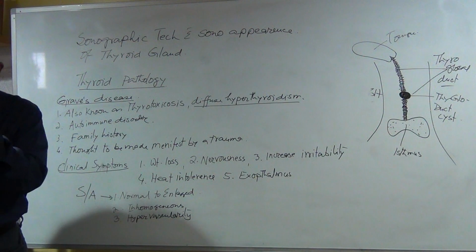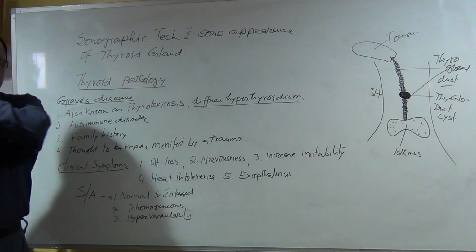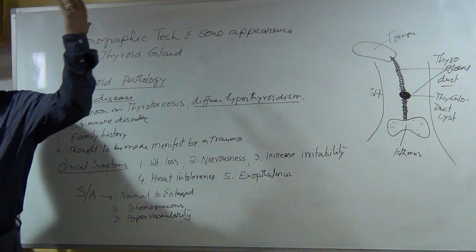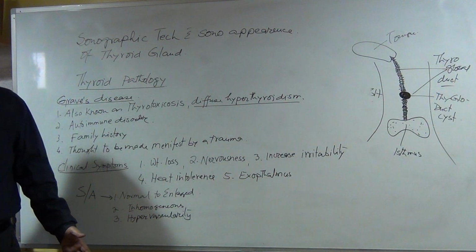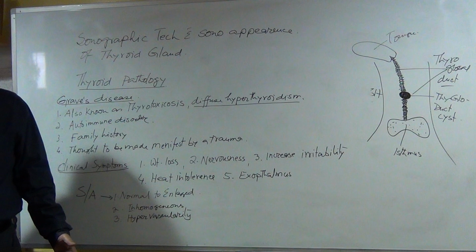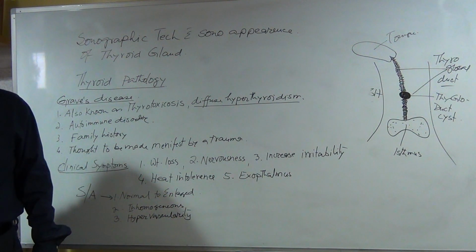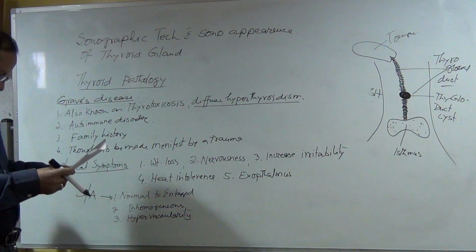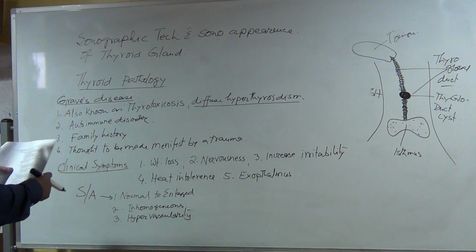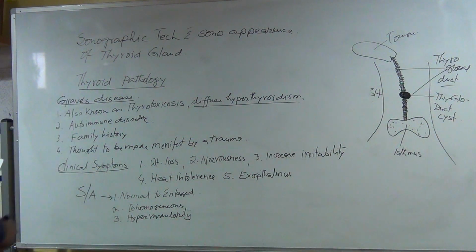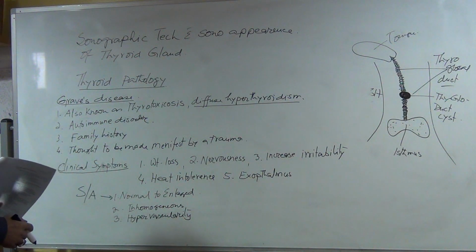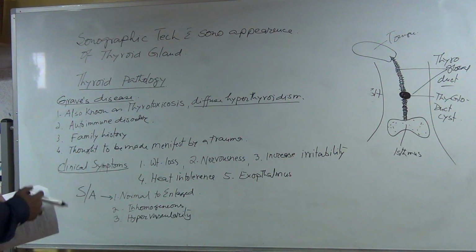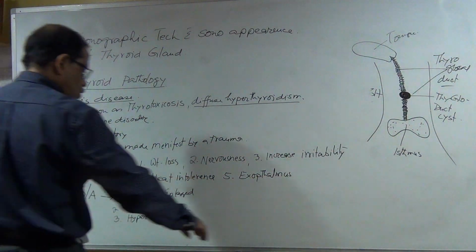There is no nodule, but the whole thyroid gland is hyperfunctioning. What is the cause? They said we don't know, but we are guessing that it is an autoimmune disease too. So this is Graves' disease. It is the opposite of Hashimoto's thyroiditis. Now we'll go over the goiter.